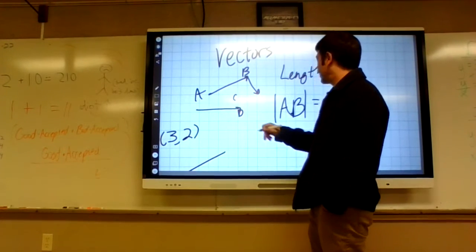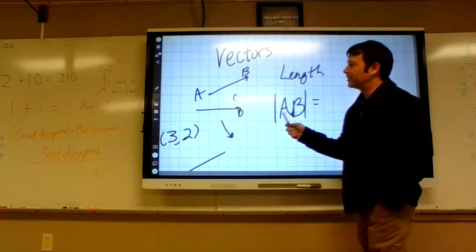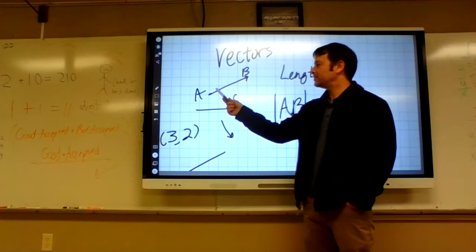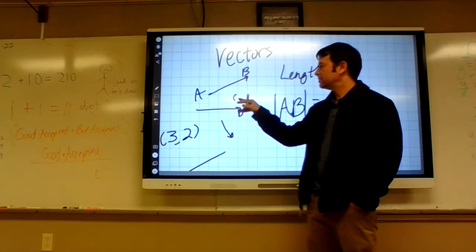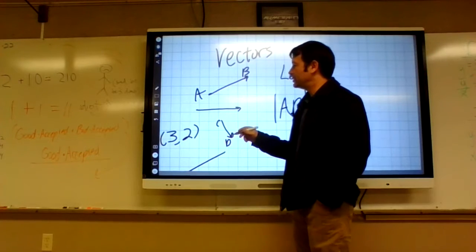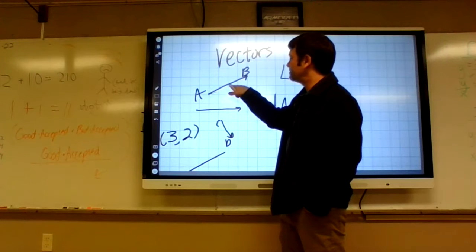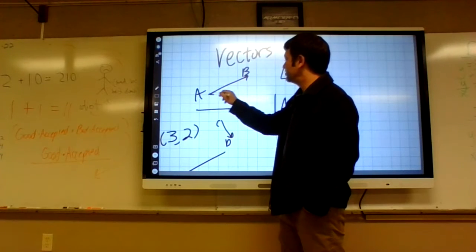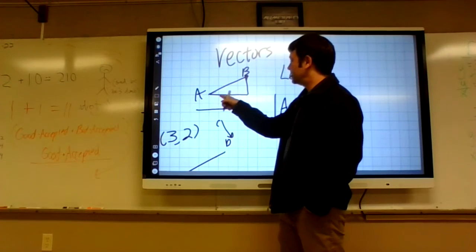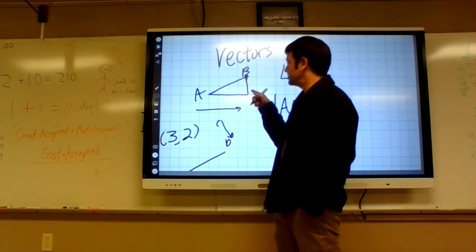Anyway, that's what's going on. How do I find the length of vector AB? This is an old thing. How do I find how long it is from here to here? What formula? Distance formula. Yeah. You guys remember how we did that? Basically, this makes a right triangle when I draw that in, and this is the change in the x values, and this is the change in the y values.